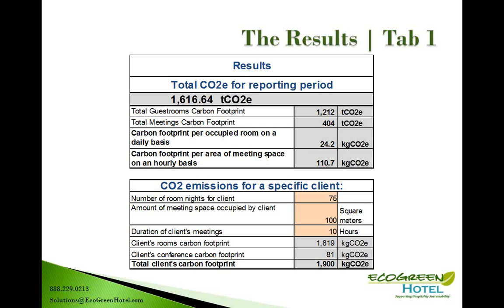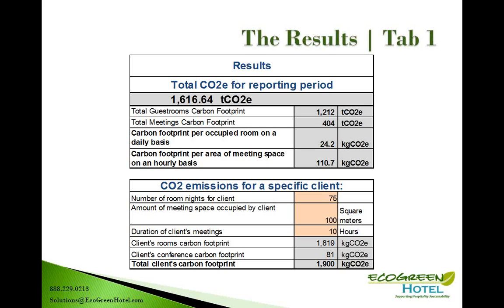And also per area of meeting space on an hourly basis is 110.7. So then, say for example, your corporate client works out that over the year they've spent 75 nights at your property, and they want to know the figure for that.